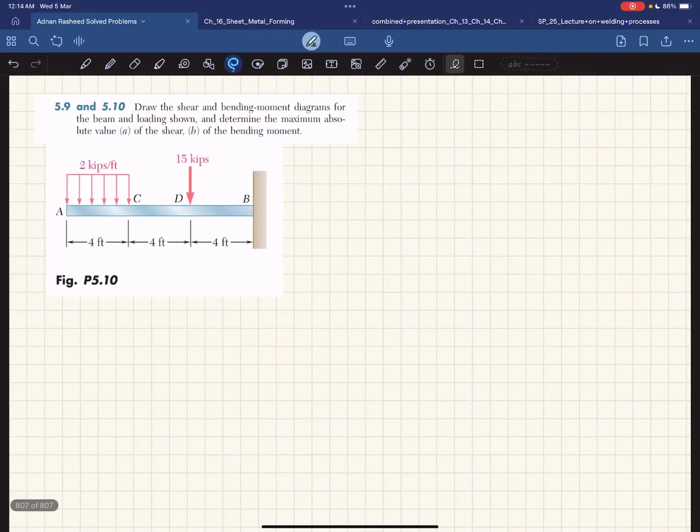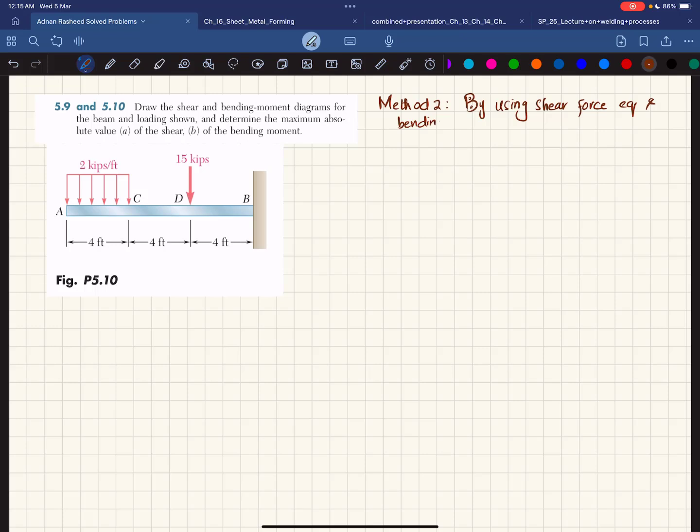So in method 2, I will write method 2, and the method is by using shear force equation and bending moment equation. Once we get the shear force equation and bending moment equation, then we will draw the shear force and bending moment diagram.